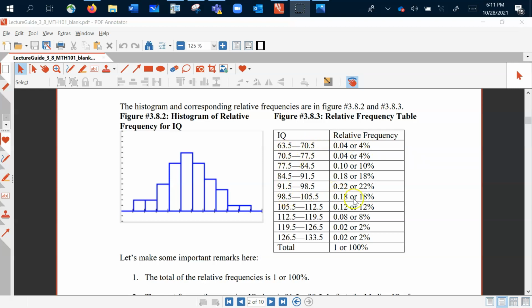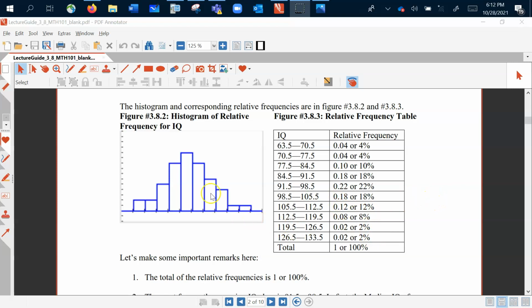Similarly, for this class here, from 98.5 to 105.5, there's an 18% chance that any one individual out of the 50 would have an IQ between those two values. So each of these relative frequencies is going to give me the chance or likelihood that any one randomly selected person out of the 50 would fall into one of those frequencies.